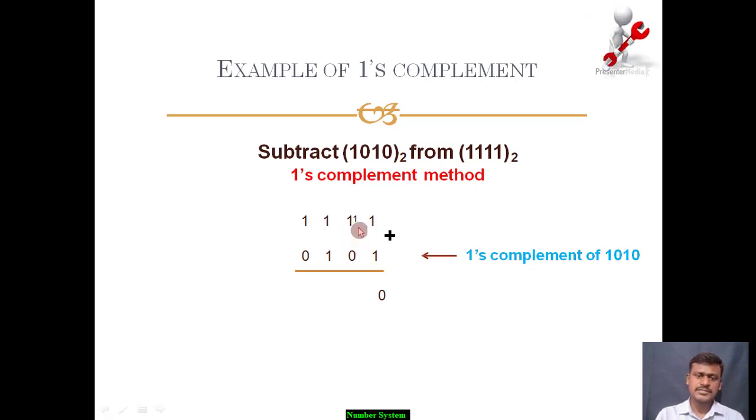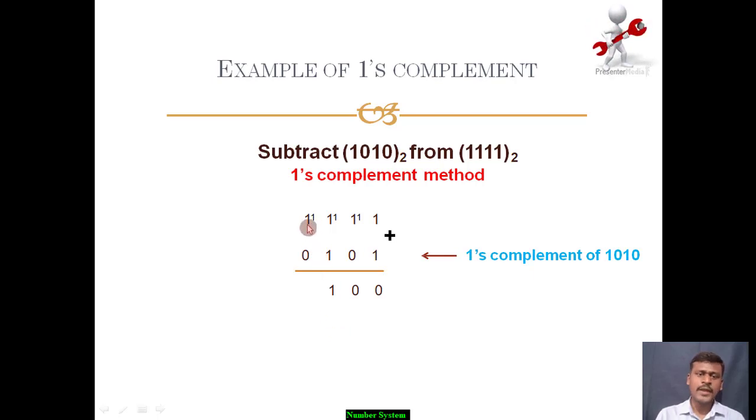Next, 0 plus 0 is 0. Then 1 plus 1 will give 1 as carry and 0 as answer. So we got 0 for these two, and 0 plus 1 will give you 1 as answer.